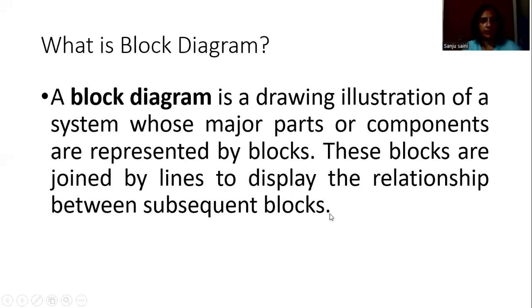So what is a block diagram? We have already said that a block diagram is a drawing illustrating the system whose major parts or components are represented by blocks. Like in my previous lectures, you have seen a plant represented by a block G. We have seen a feedback element that is represented by a block H. You have seen a comparator represented with the help of a particular symbol.